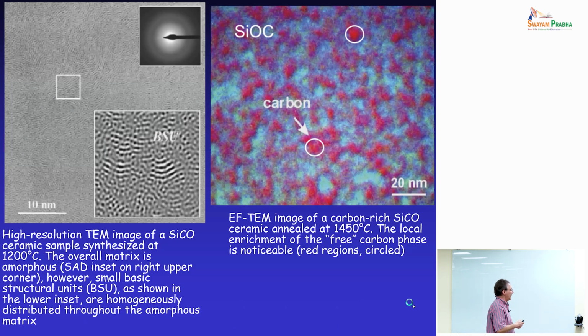And often for the temperature regions where we typically process these materials, so below 1400 degrees, carbon is disordered, so you have turbostratic carbon. Turbostratic carbon is like graphite carbon layers, but each layer is oriented in a non-ordered fashion. So it's a disordered layered carbon.